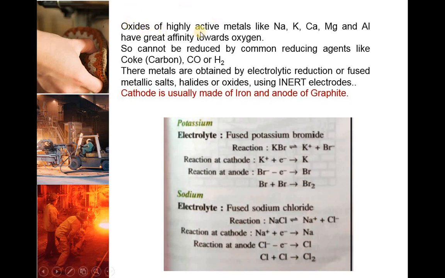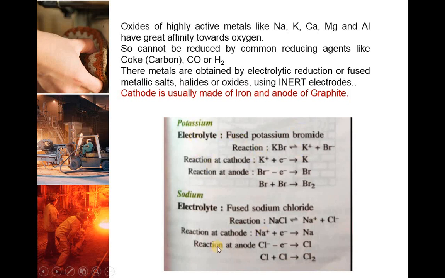Now, oxides of highly active metals like sodium, potassium, calcium, magnesium and aluminium have great affinity towards oxygen. So they cannot be reduced by common reducing agents. Their metals are obtained by electrolytic reduction of fused metallic salts, halides or oxides using inert electrodes. The inert cathode is generally made of iron and the anode of graphite.